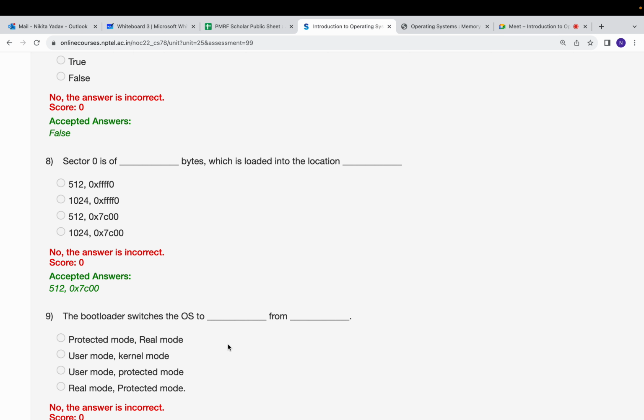This question is also from that lecture. The bootloader switches the OS to dash from dash.